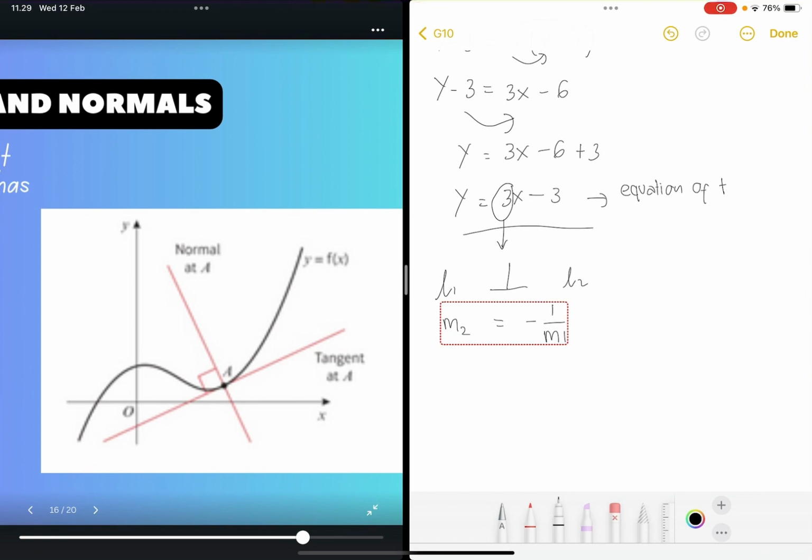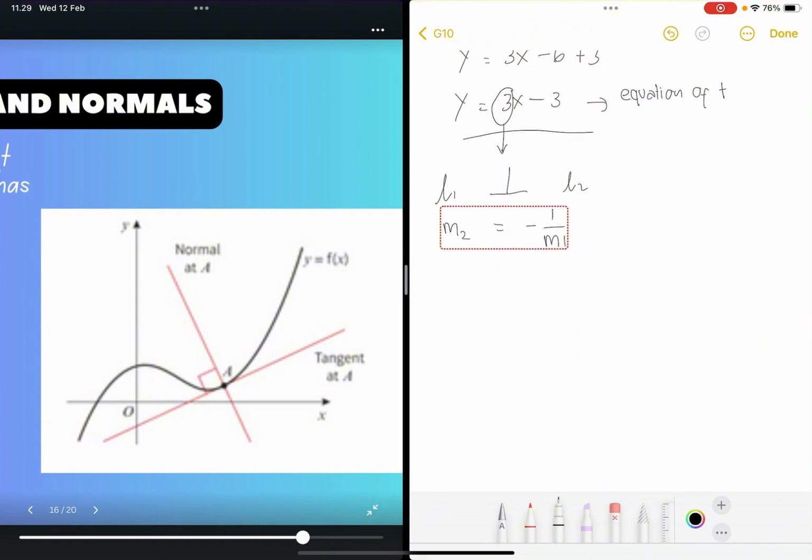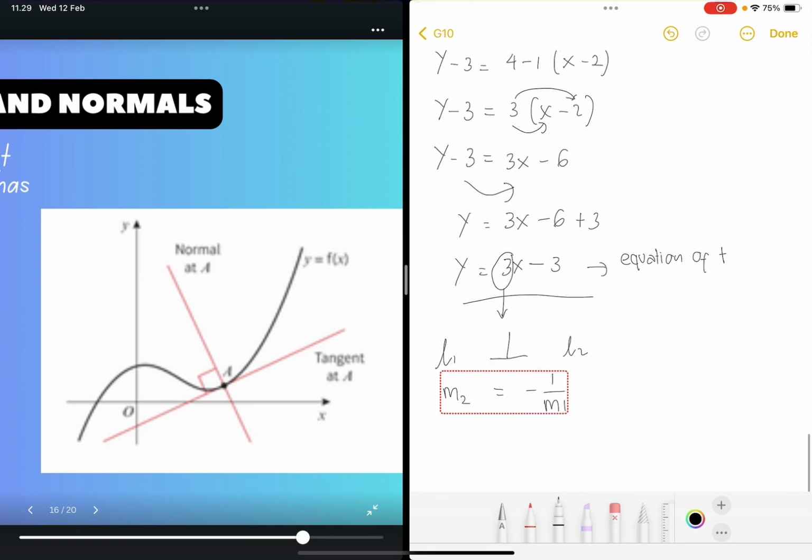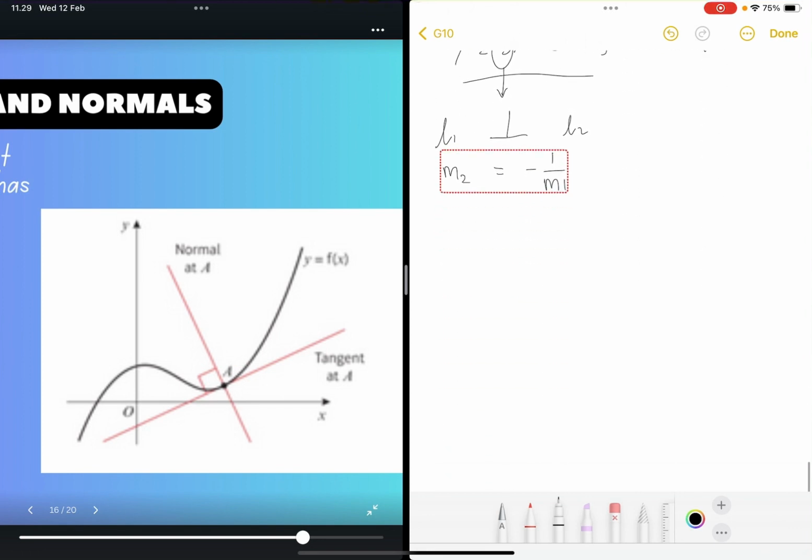Okay, then how do we find the gradient of the normal line? Because we know it already, the gradient m1 is 3, right? The gradient of the tangent. Now, we have it already as 3, so m2, we will get minus 1 over 3. Then done. After that, what else?